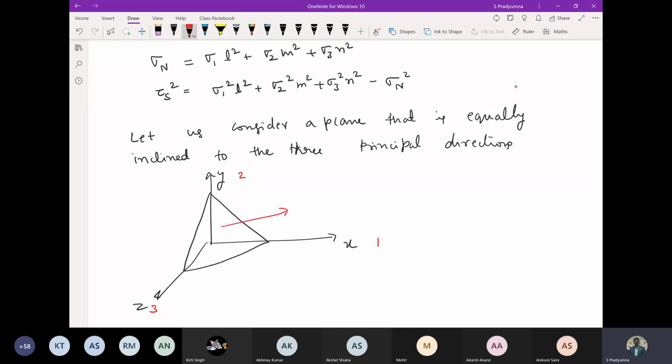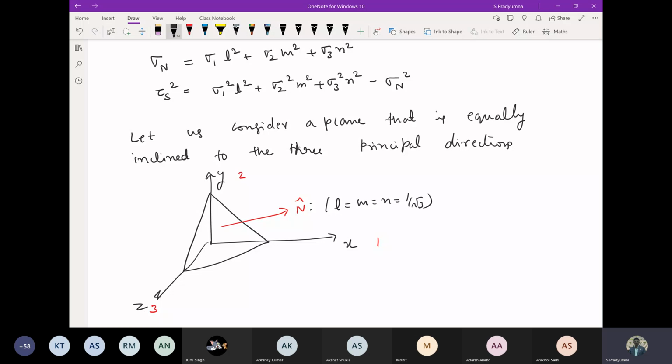So this plane has got the normal n, which is given by L is equal to M is equal to N is equal to 1 by root 3. Okay, so this normal makes an angle equal with respect to direction 1, 2, and 3, equally inclined with respect to these axes.